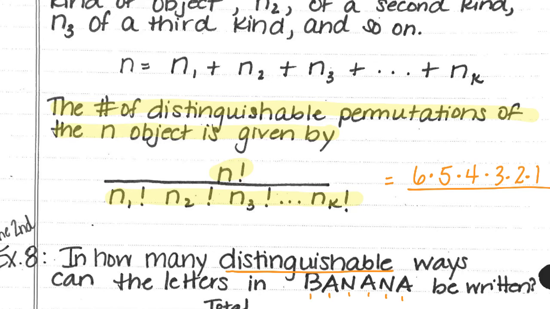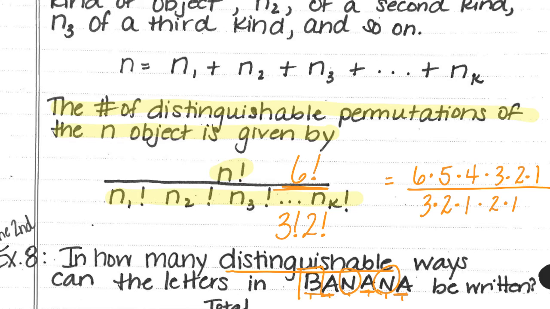And anything that's repeated: notice we have 3 repeaters of A, so I need a 3 factorial, and another repeater, N, I need a 2 factorial. So this would just be 6 factorial over 3 factorial, 2 factorial. I could do the B as 1, but do I need it? No, because 1 factorial is just equal to 1.